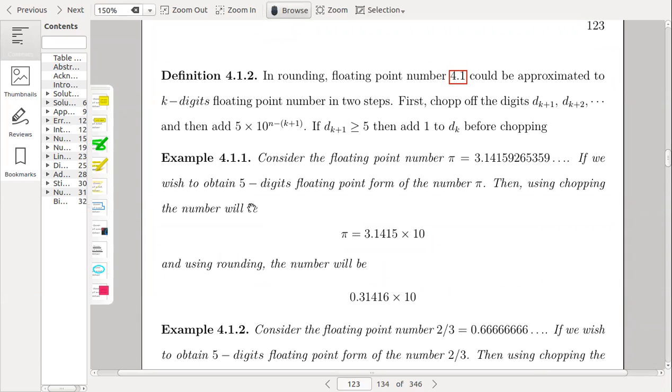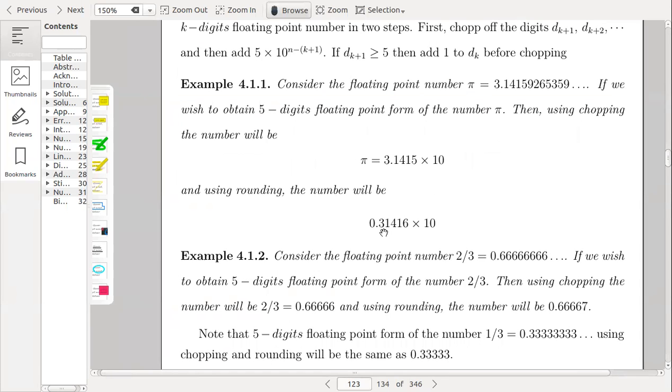If we wish to obtain the 5 digits floating point form of the number pi, then using chopping, the number will be pi is equal to 0.31415 multiplied by 10 power 1. And using rounding, the number will be 0.31416 multiplied by 10 power 1.